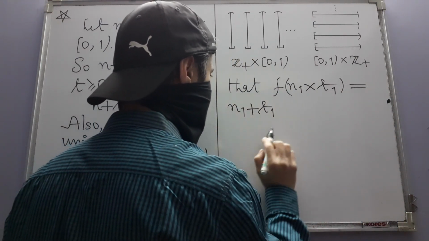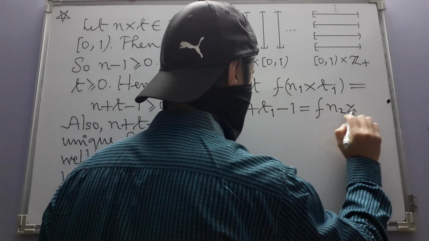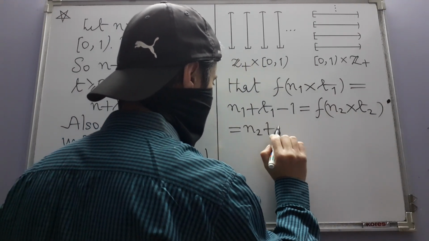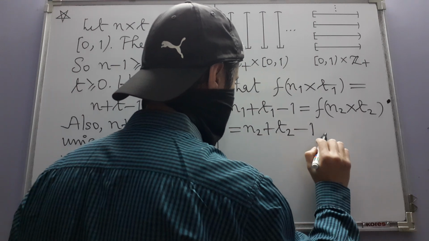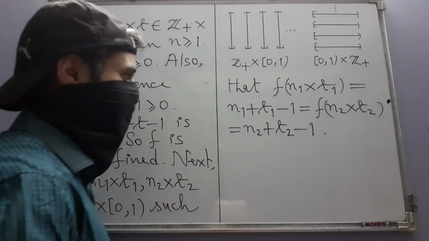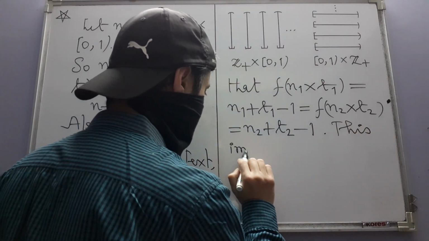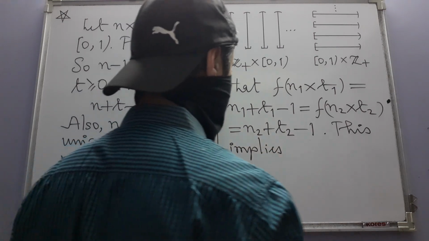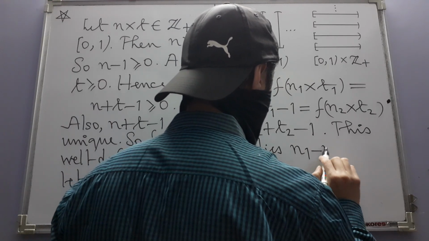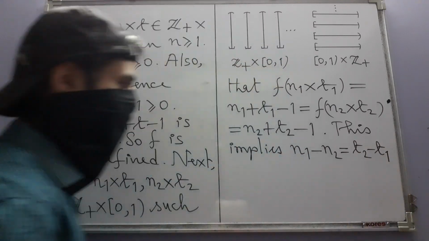n1 plus t1 minus 1 is equal to this thing, which is n2 plus t2 minus 1. Now, after cancelling minus 1 from both sides, we have n1 minus n2 equal to t2 minus t1.